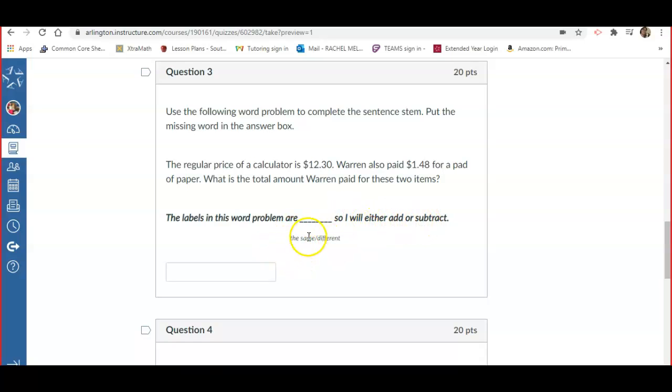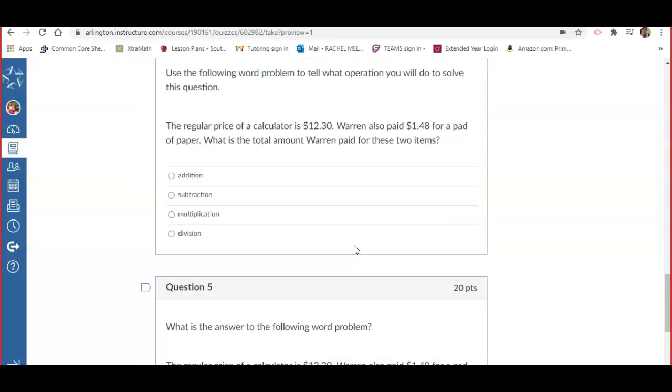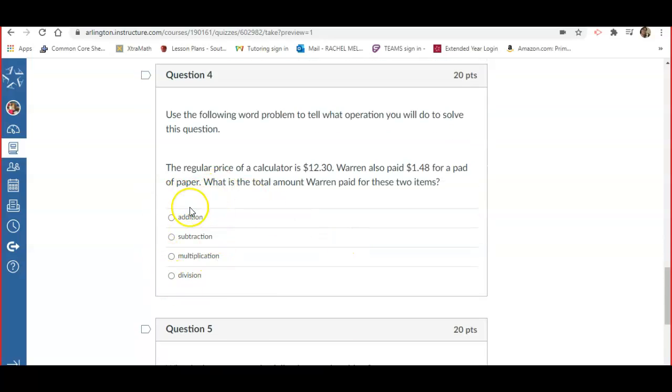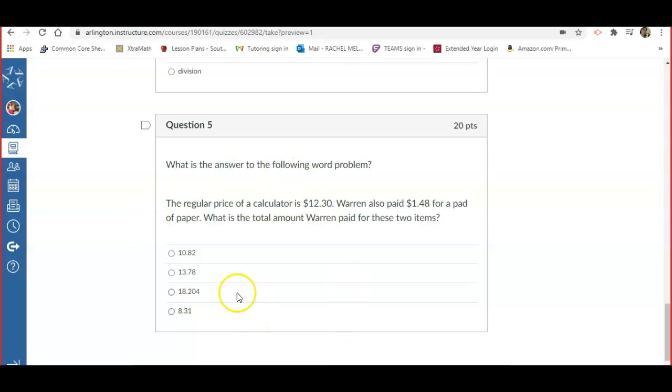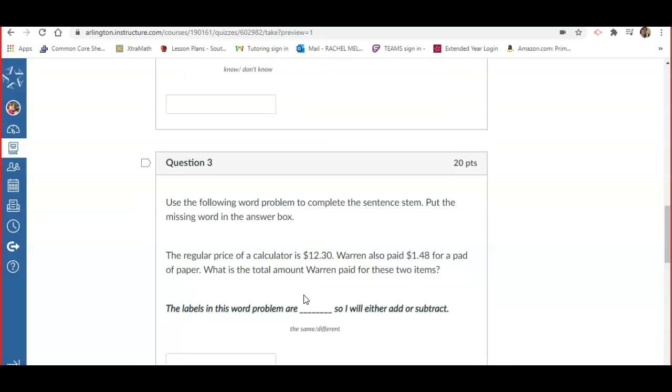So you're either writing the same or different. Question 4 is a multiple choice. You just tell me which of the 4 operations you're going to use. And then question 5, you give me the answer. Okay? Any questions on the format of that quiz?